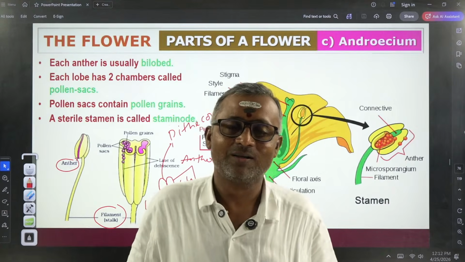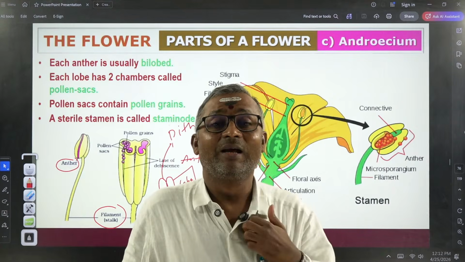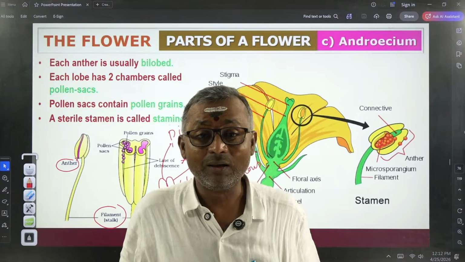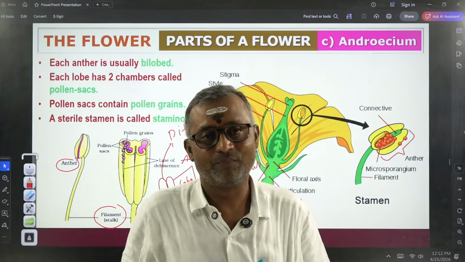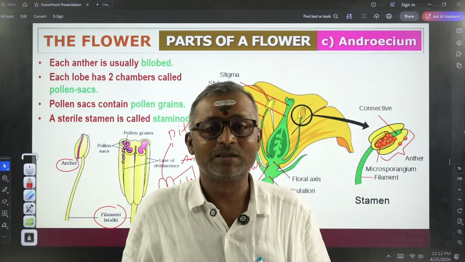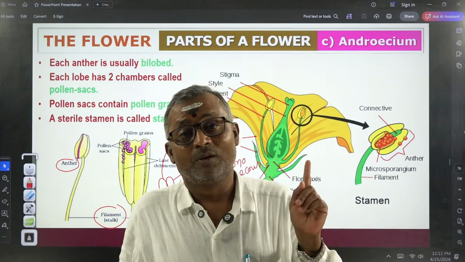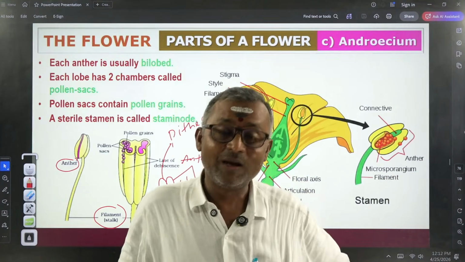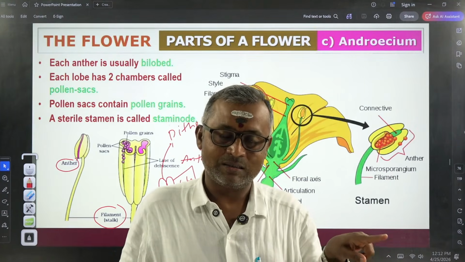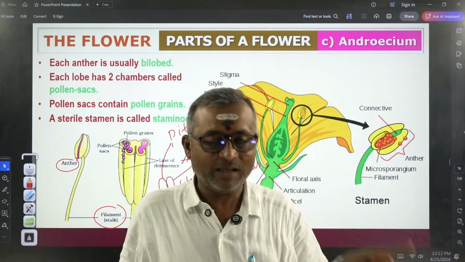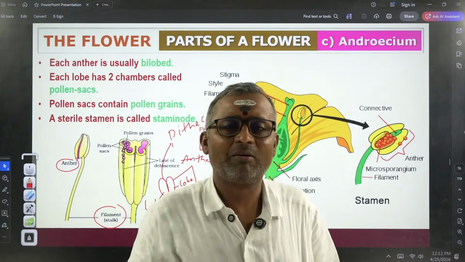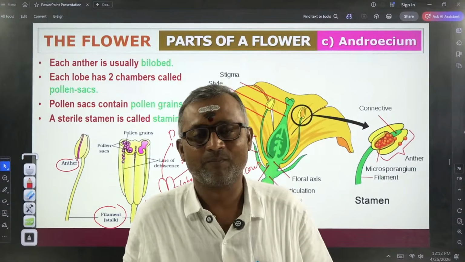You can check the China rose flower, where the anther possesses only one lobe. Similarly, you can also find dithecous anthers in dicots. Most of the dicots have dithecous anthers. Some dicots have monothecous anthers.